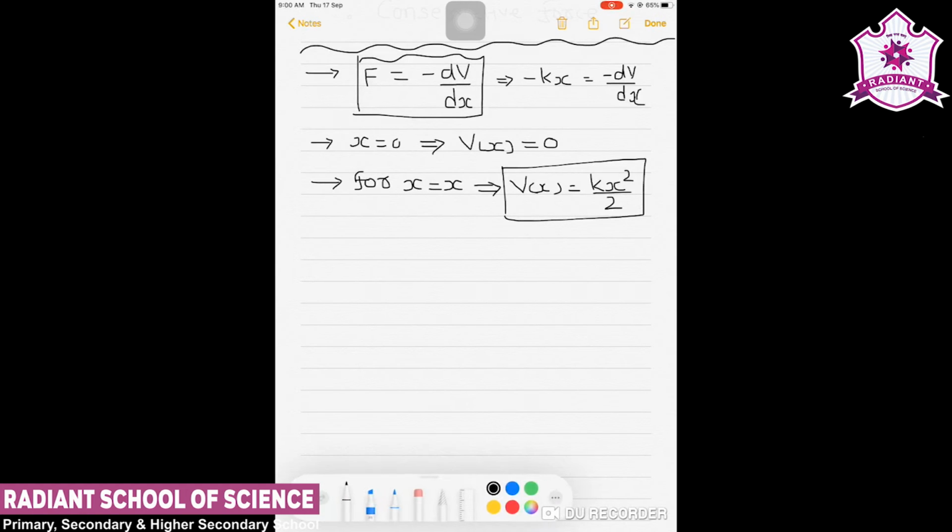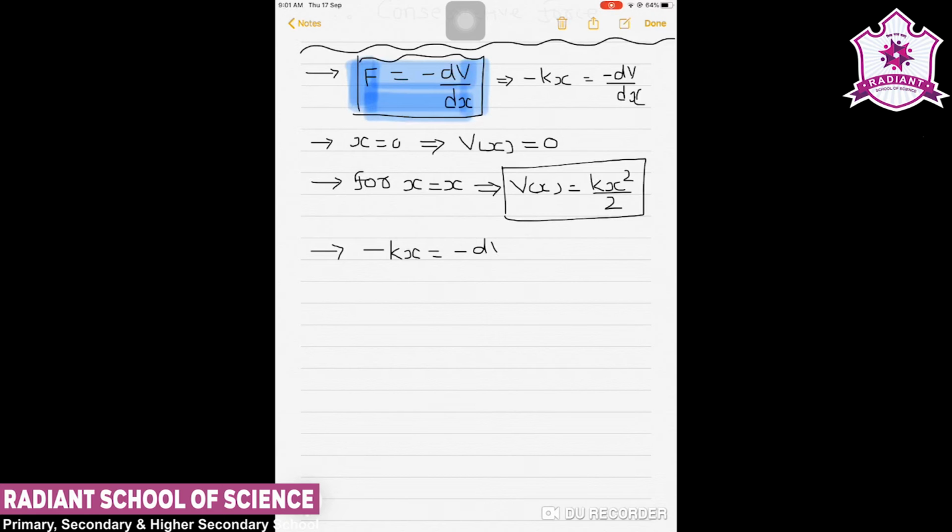In this above equation we can consider that the portion covered by the given area is over here. So now we can consider that minus kx is equal to minus dV upon dx, and therefore dV is equal to kx dx.